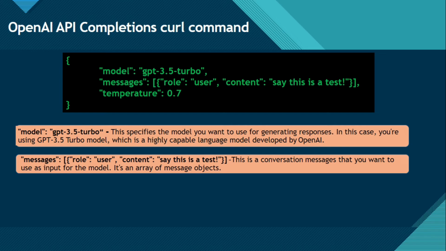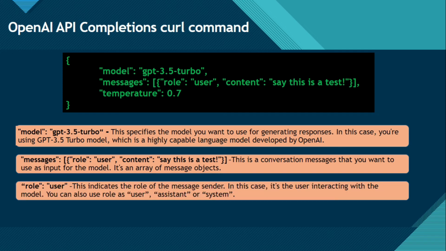After this messages you can see there are two properties, role and content. Role has a value, user, and content has a value, say this is a test. This is basically the content that we are going to pass to the API server. In ChatGPT we call this a prompt. So this content is a prompt.